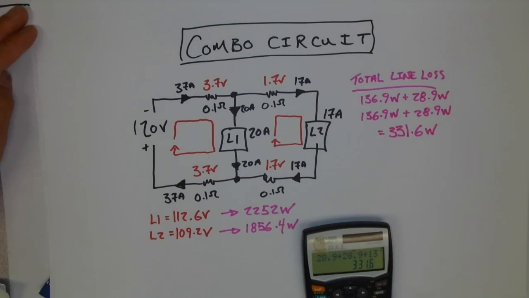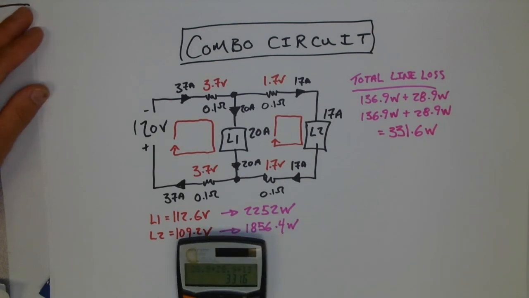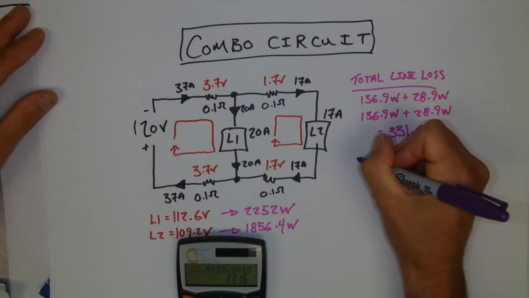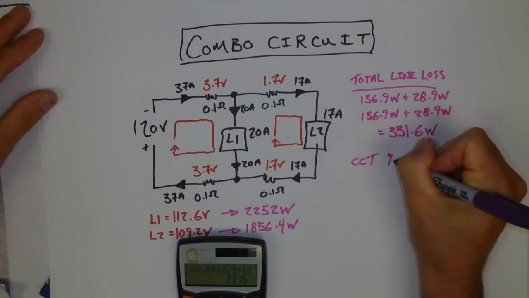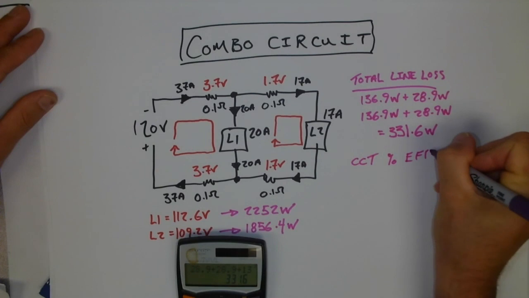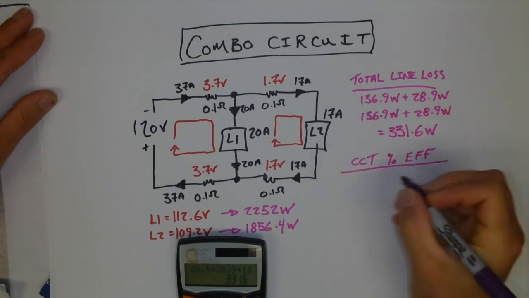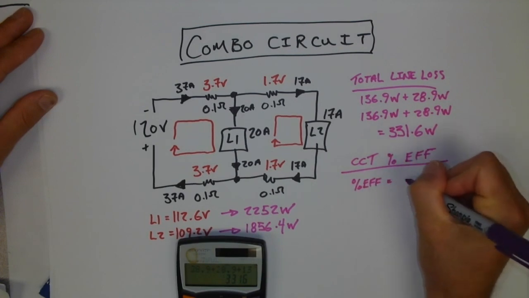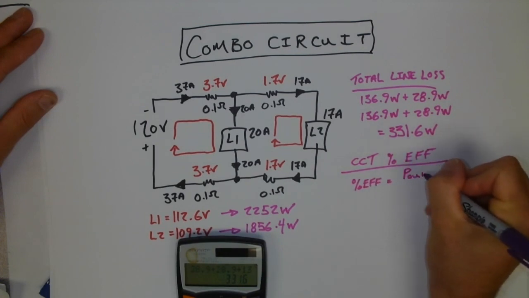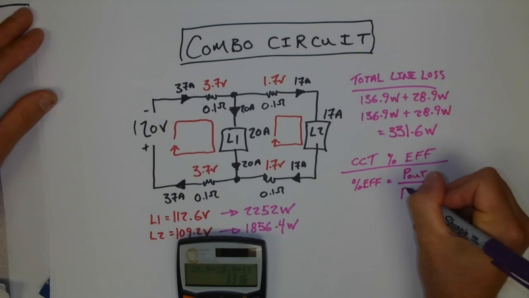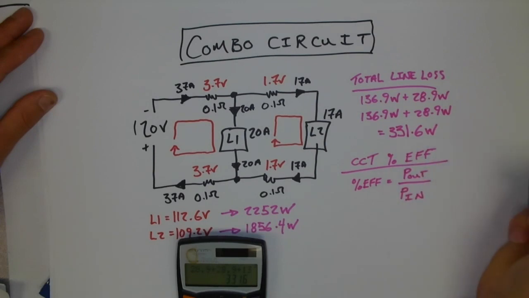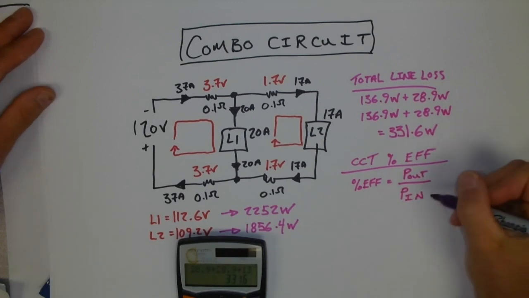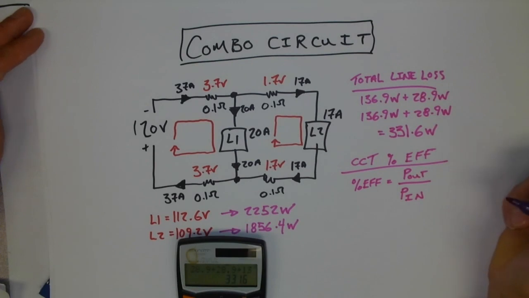Now, what about the total percent efficiency? Well, the circuit percent efficiency would be calculated like this. We'd have percent EFF is equal to P out, so power output divided by power input. And we know that power input, or rather power output, is actually made up of what the input power minus the losses.